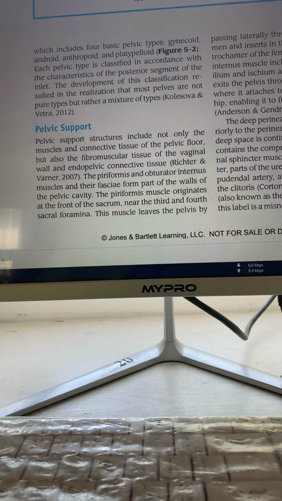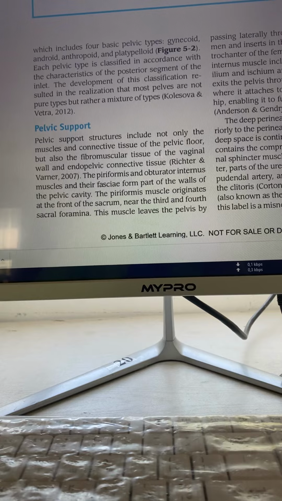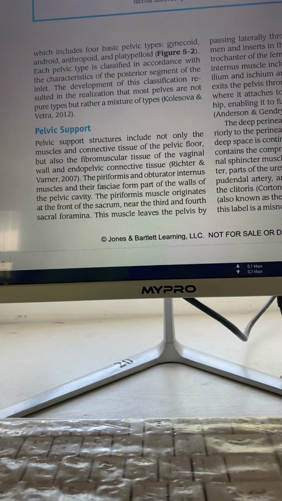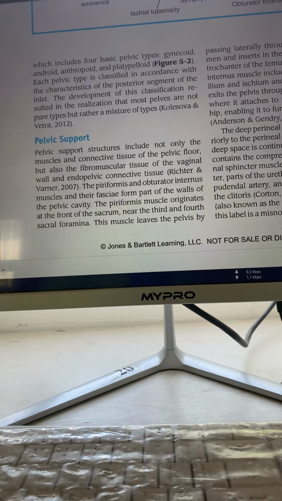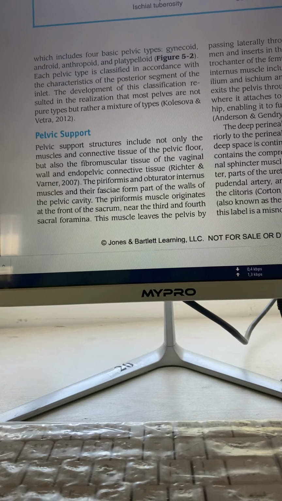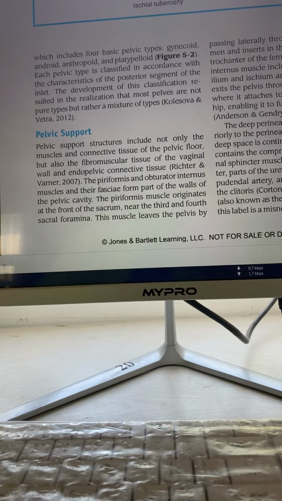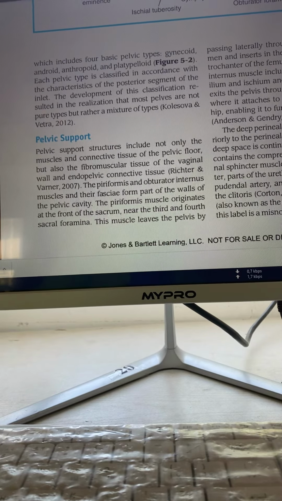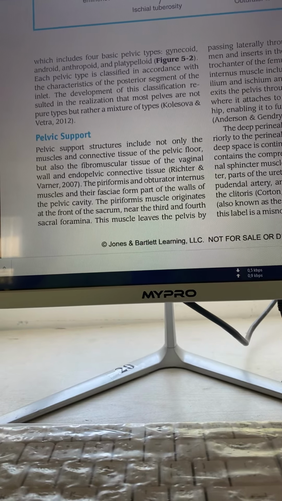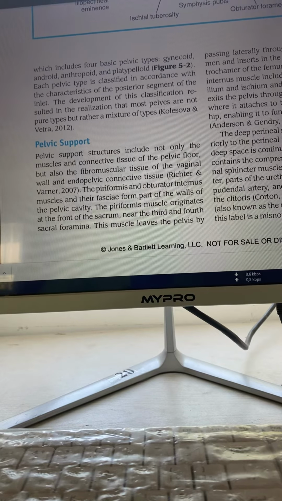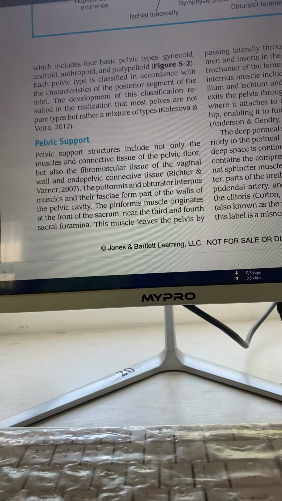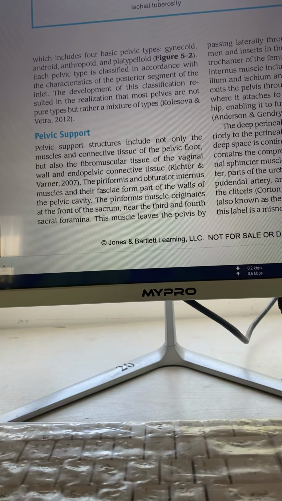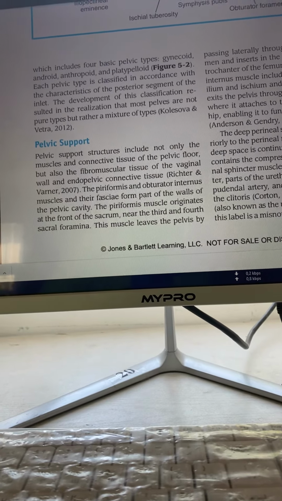Each pelvic type is classified in accordance with the characteristics of the posterior segment of the inlet. The development of this classification resulted in the realization that most pelvises are not pure types but rather a mixture of types, Kolesova and Vetra.